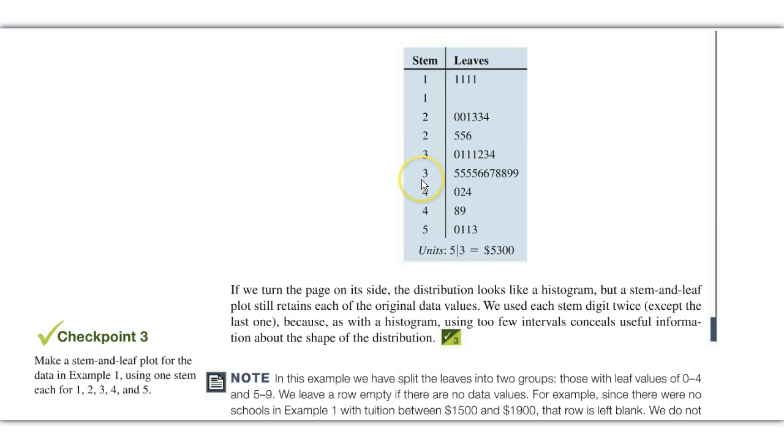So in this category of 3,000, there was 3,500, 3,500, 3,500, 3,600, 3,900. And here they're just giving you a key as to how the units are shown. This is the stem, then this vertical line, then your leaves, in this case a 3, indicating $5,300. Okay, so again, a way to display your information, the data you collected.